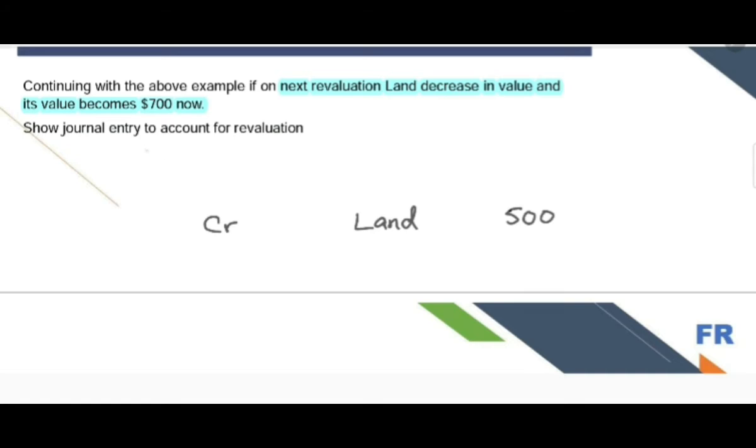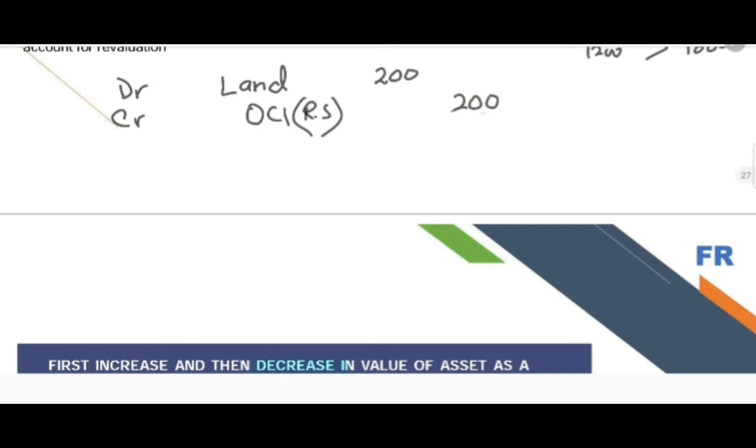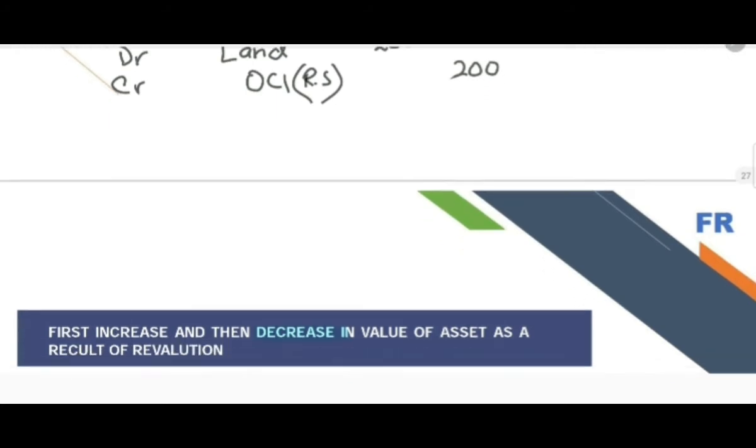Next, you need to record the debit. First, whatever amount has been recorded as revaluation surplus should be reduced to nil by debiting the revaluation surplus that already exists, and that is 200. Remember that we created a revaluation surplus of 200 in the first year.